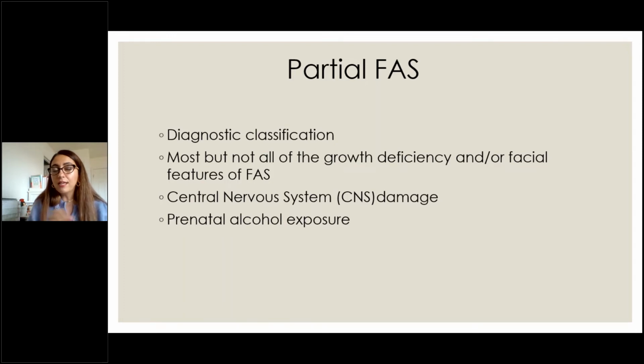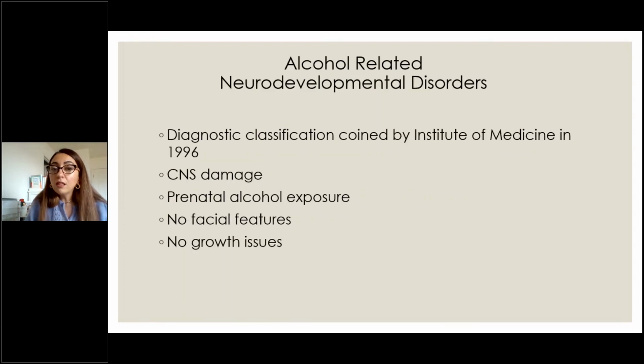And then the next one is what we call alcohol-related neurodevelopmental disorders. This was a diagnostic classification named by the Institute of Medicine in 1996 to capture those children who were not impacted severely during pregnancy, but for sure had prenatal alcohol exposure.